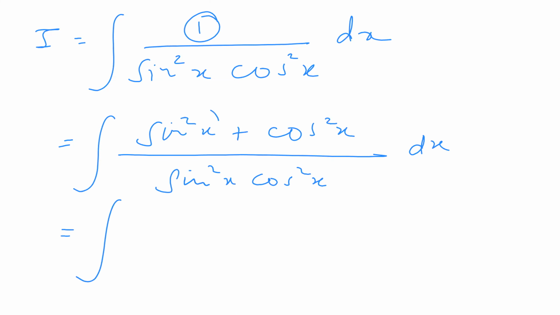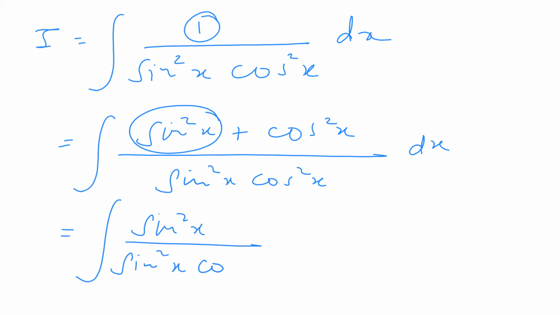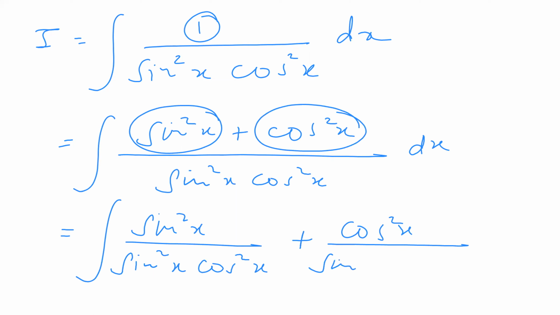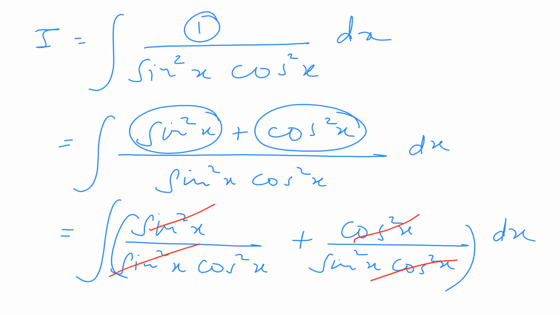Now split: sin square x upon sin square x cos square x plus cos square x upon sin square x cos square x dx. Sin square is gone and cos square is gone.